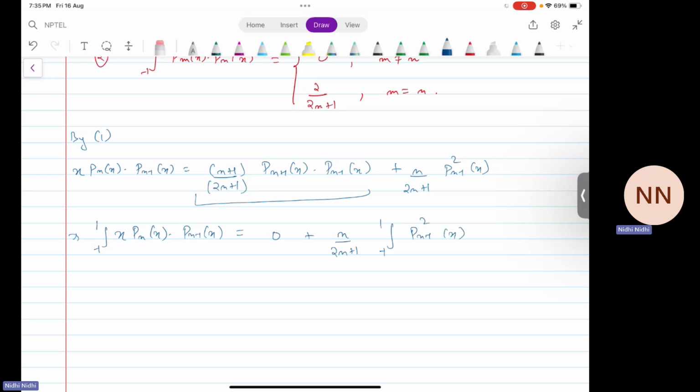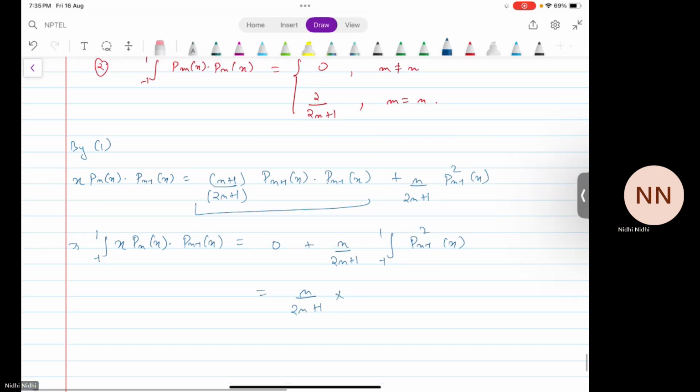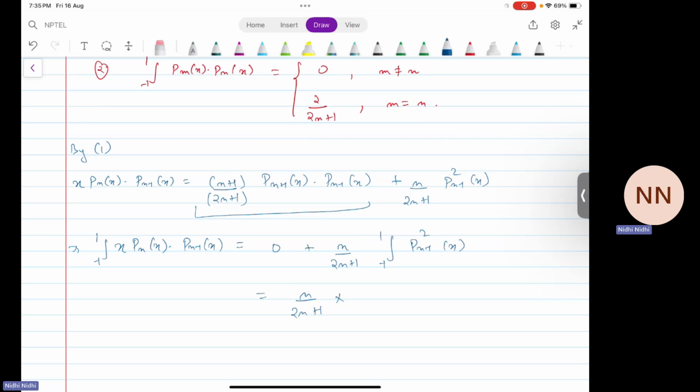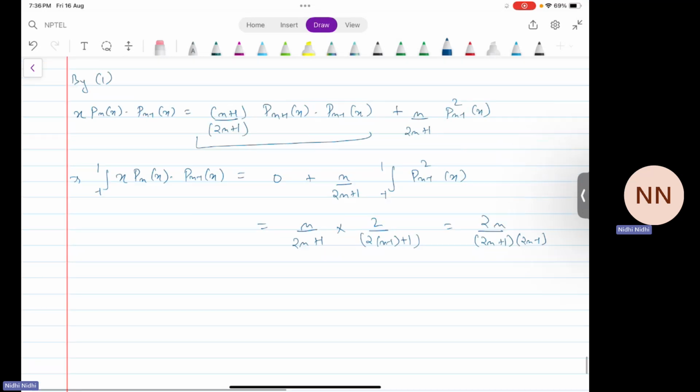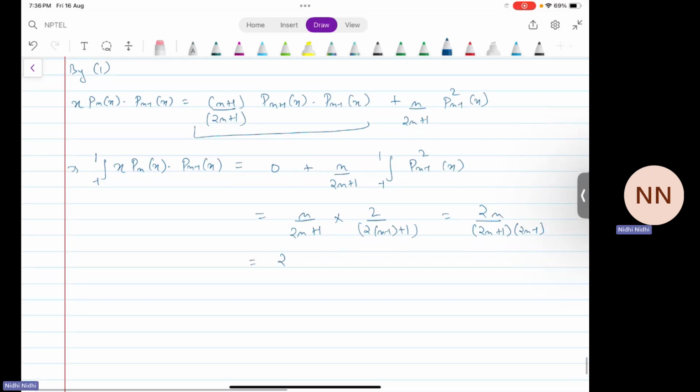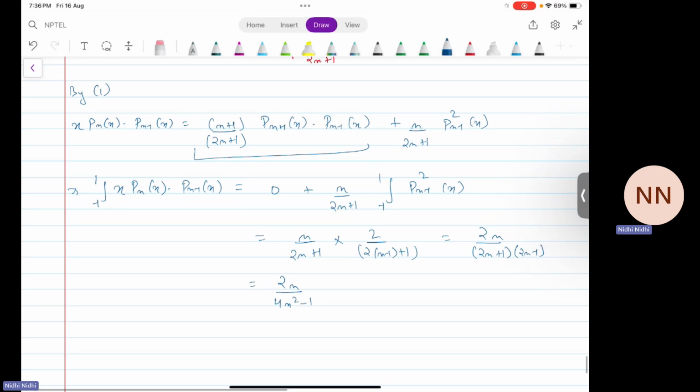which is n/(2n+1) times, here in result 2 we will be replacing n by n minus 1, so this is 2 by 2(n-1)+1, which is 2n/(2n+1) times (2n-1), which is 2n by 4n squared minus 1, which is what we wanted to prove.